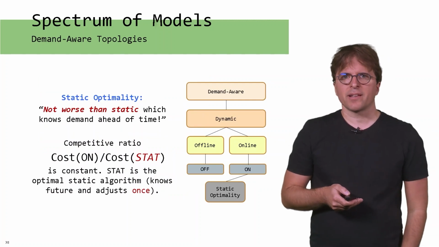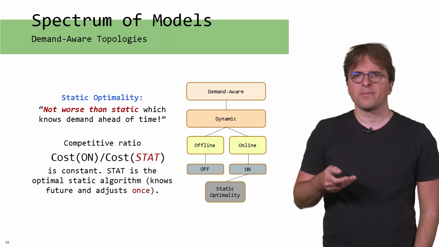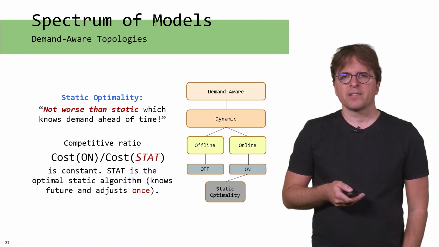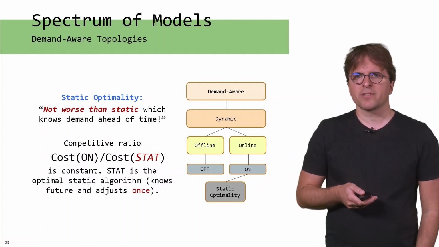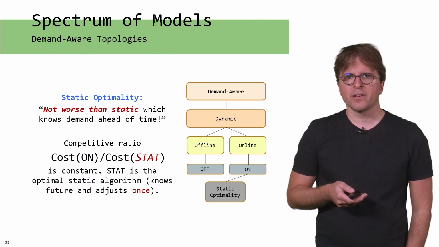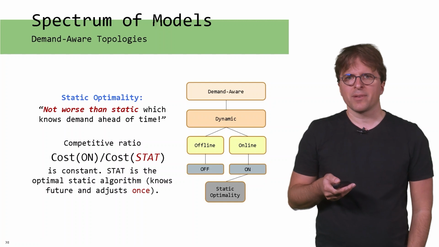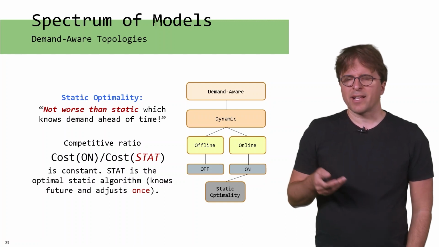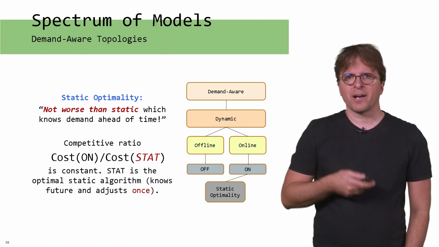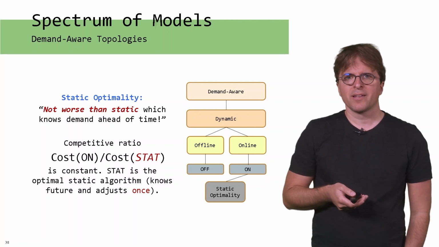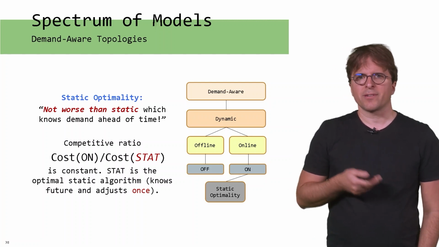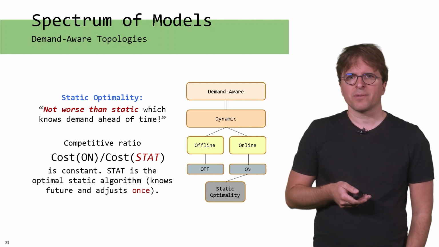So what is static optimality? What we want to achieve there is that the algorithm is not worse than a static solution. So even though the online algorithm doesn't know the future ahead of time, and the static algorithm is optimized towards the demand, you want the online algorithm not to be worse than the static optimal.